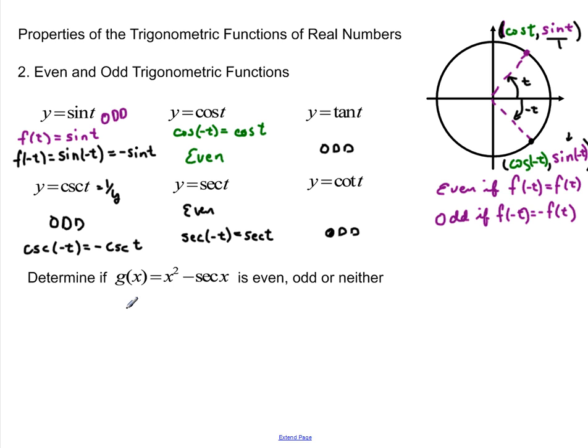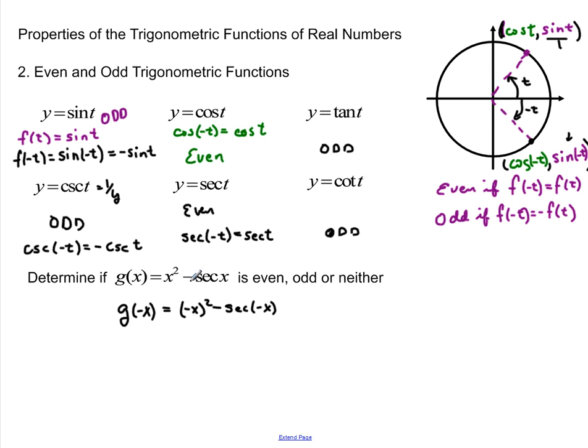Well, our test, remember, was that if it's an even function or an odd function, we substitute in negative x and see what happens. Well, substituting in negative x means take the square of negative x and then subtract from that the secant of negative x.